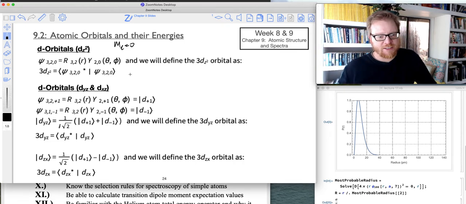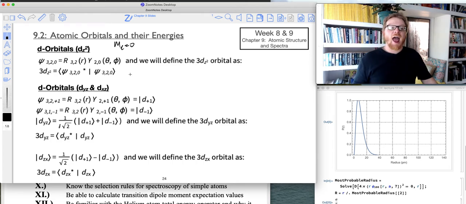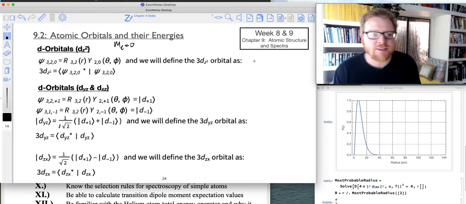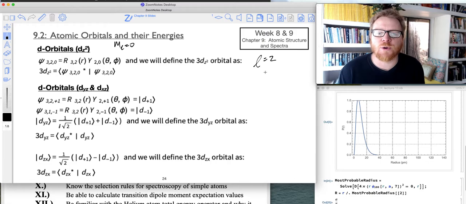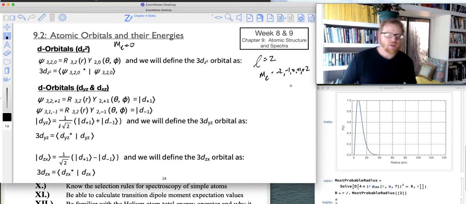Then we'll have the dz squared orbital, which I'll show you a picture of here soon. Remember, because L is equal to 2, there are 5 ml states: -2, -1, 0, +1, and +2. So we've taken care of the ml equal to 0, that's our z squared axis.